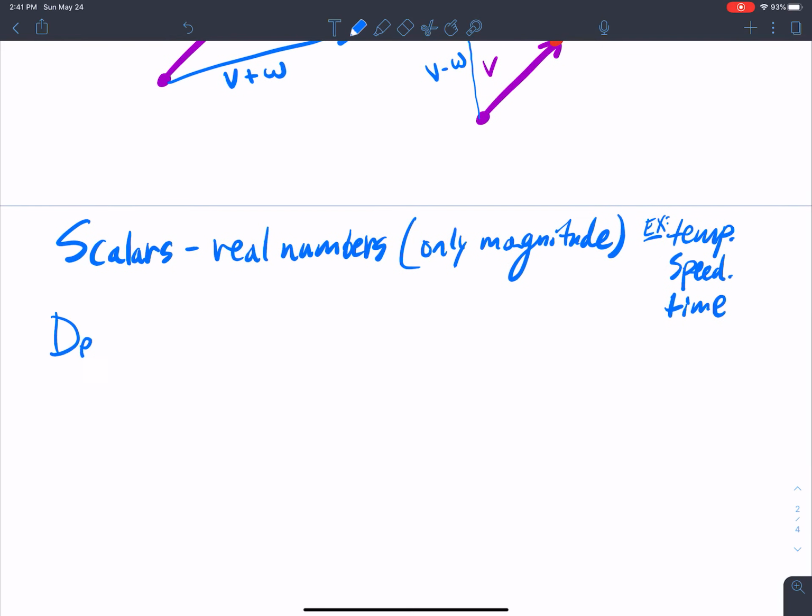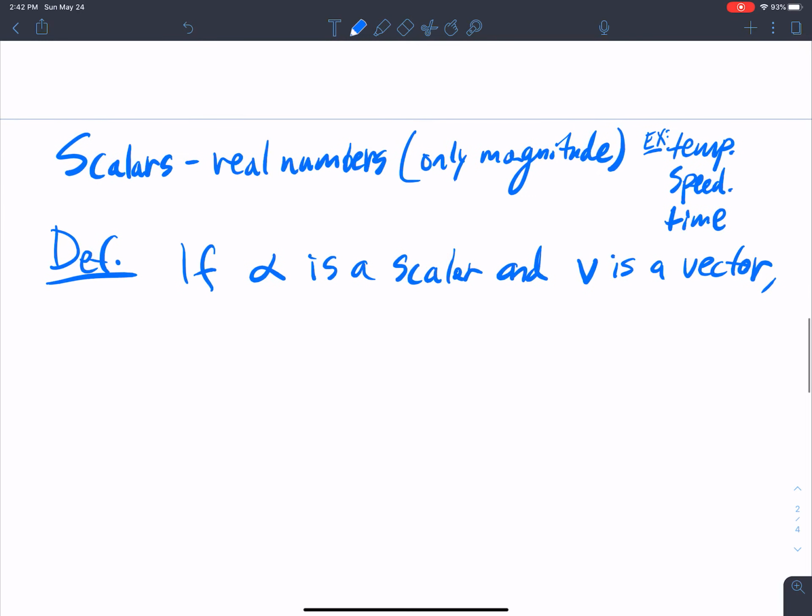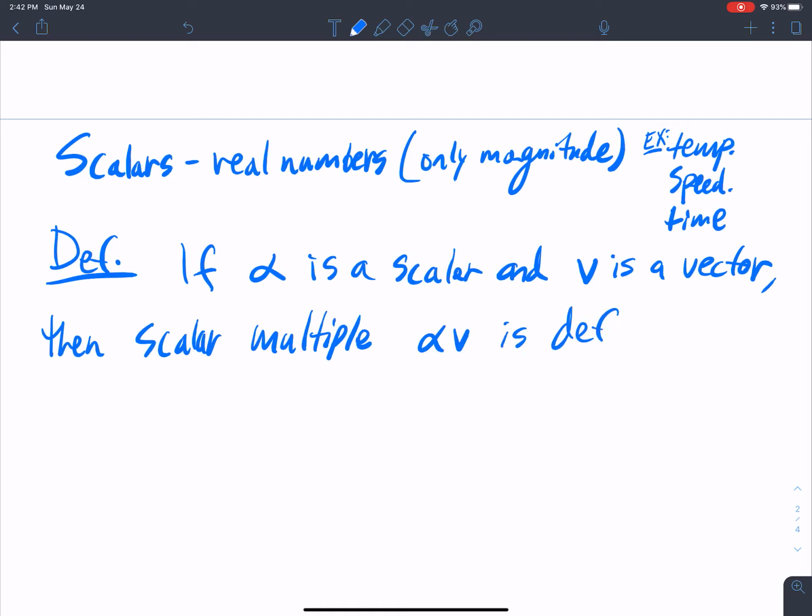So definition: if alpha is a scalar and V is a vector, then the scalar multiple alpha V is defined as follows.